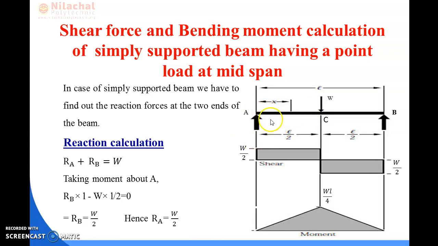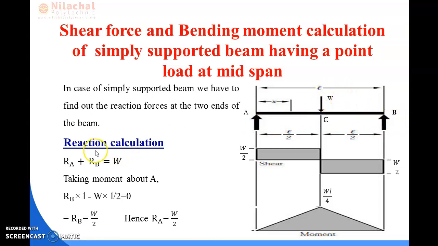So the reactions at A and B are the upward forces, which equal the total downward forces. The downward force here is W kilonewton. So we can say that RA plus RB is equal to W.